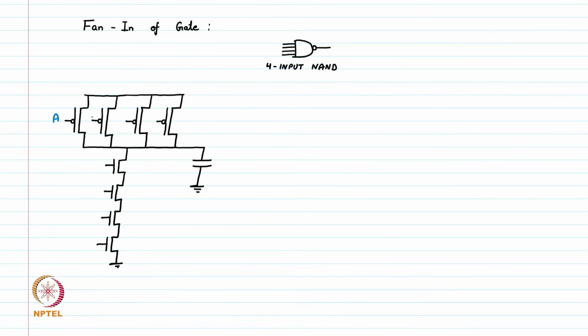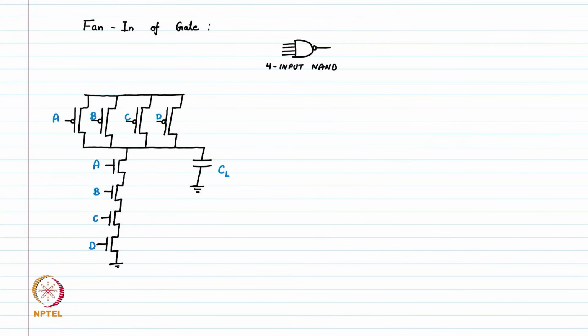The 4 variables A, B, C and D. The same input goes to the pull down network A, B, C and D. This is the load capacitance CL.